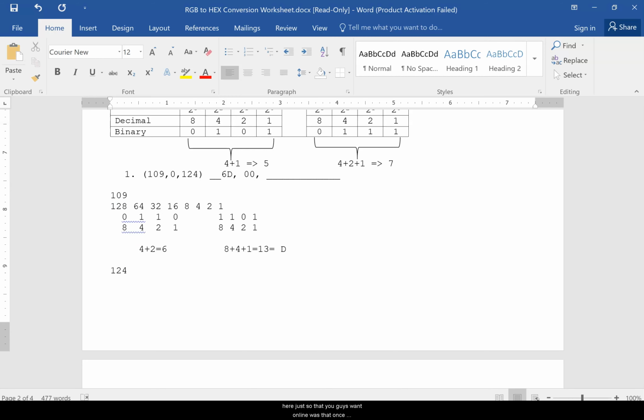the binary number for that, 128. We'll write it out again, 64, 32, 16, 8, 4, 2, and 1. So that's going to be a 0 right here, because 124 is less than 128.